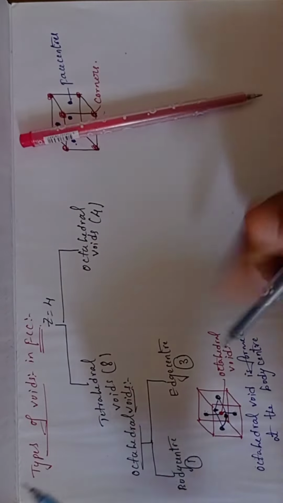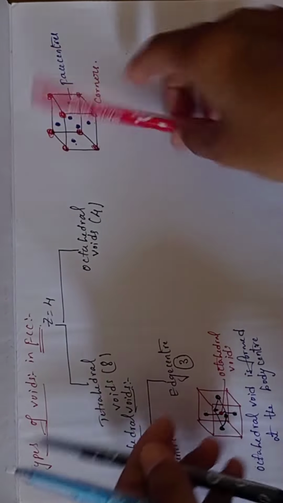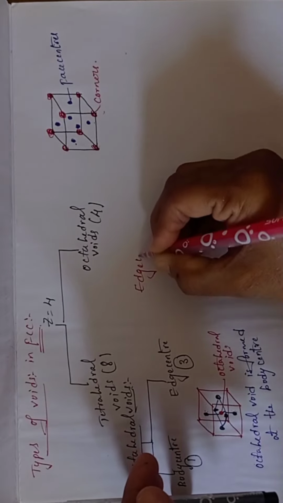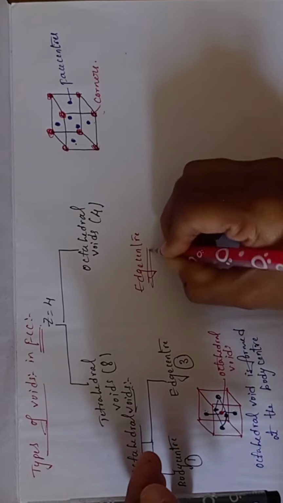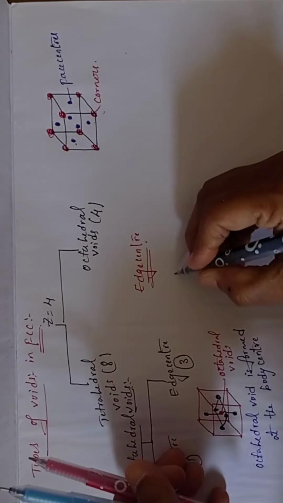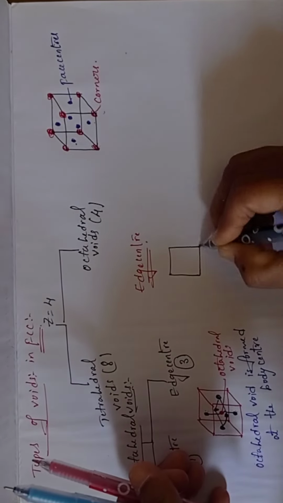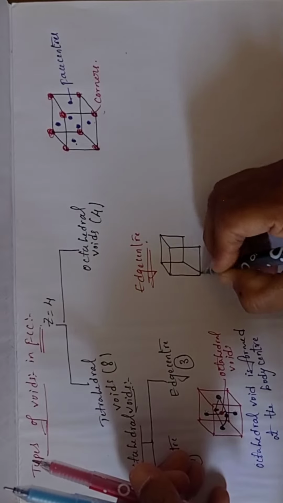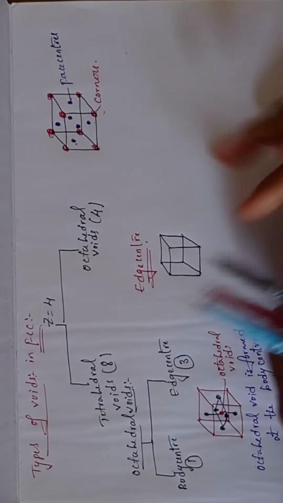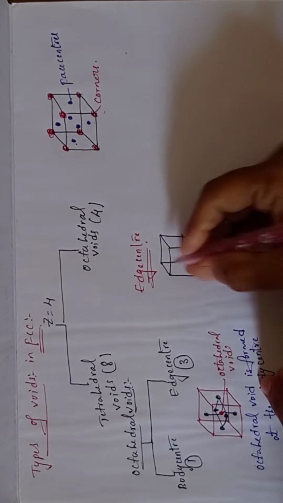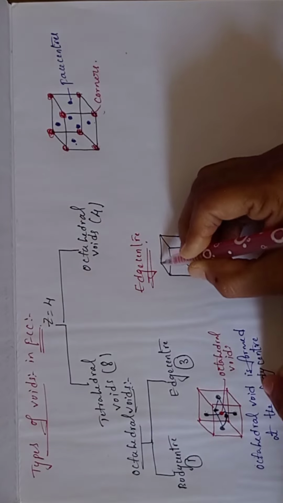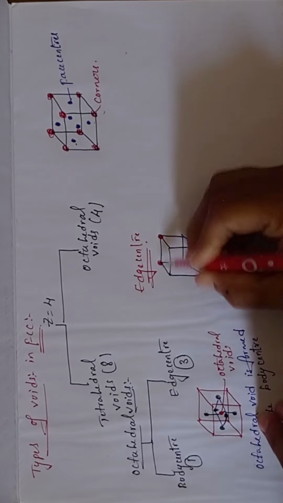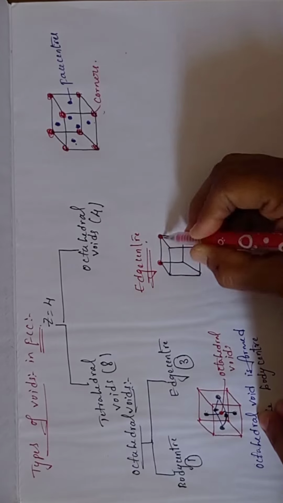And coming to the edge centers, how at the edge center will we get the octahedral void? Now see students, if I take the edge center diagram, I am taking this one corner particle, these two are corner particles, and this is the top face center.